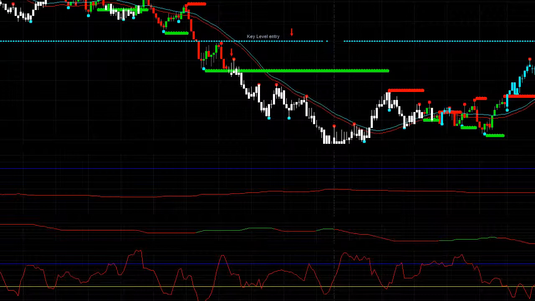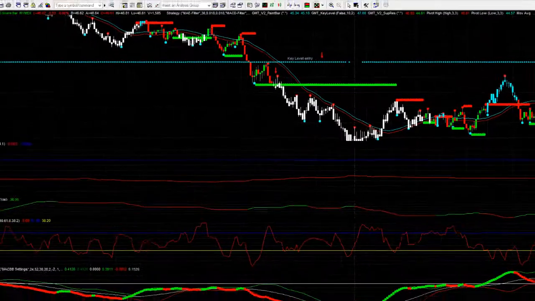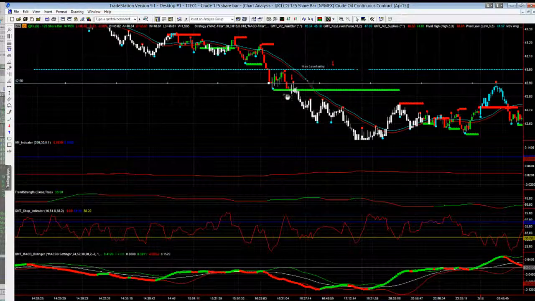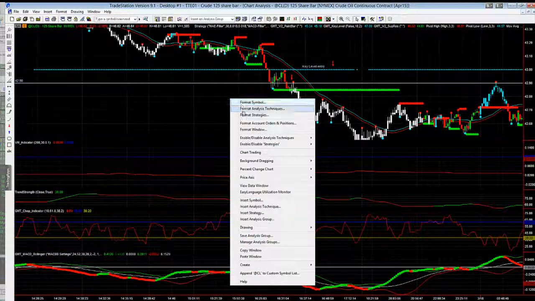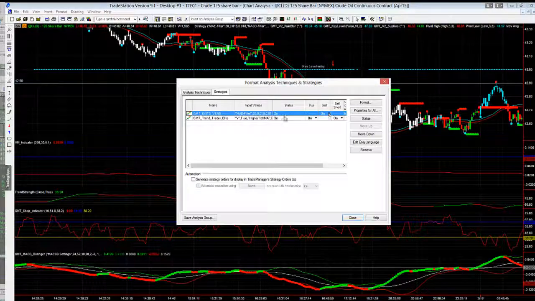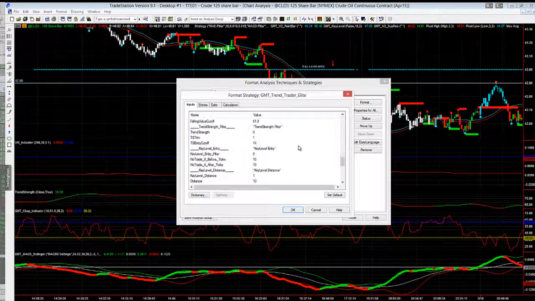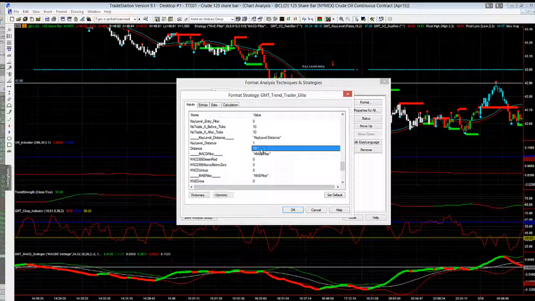So we've effectively modified that zone. If we put that zone at 10 points, we lose the trade. If we go back in here and turn that back on to include 20 points instead of 10, you'll see that trade comes back on our charts as an entry trade.